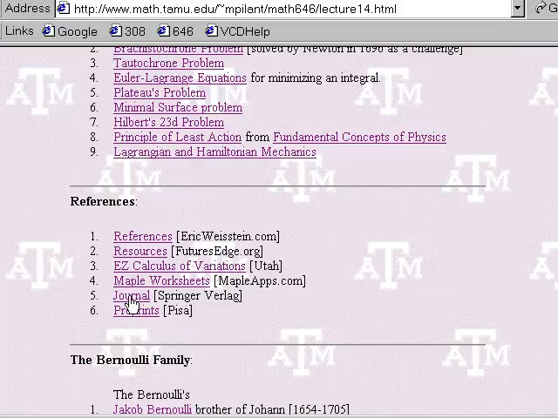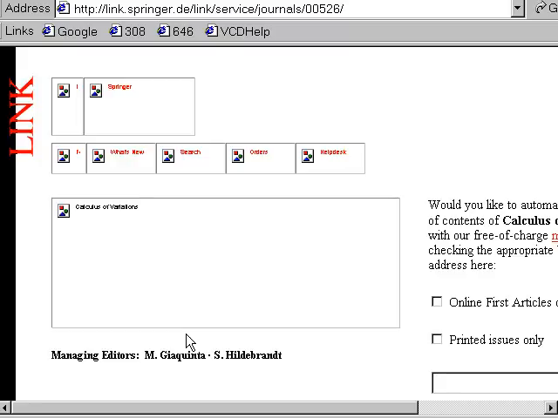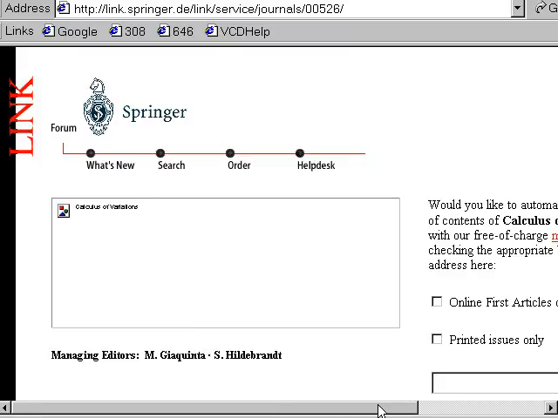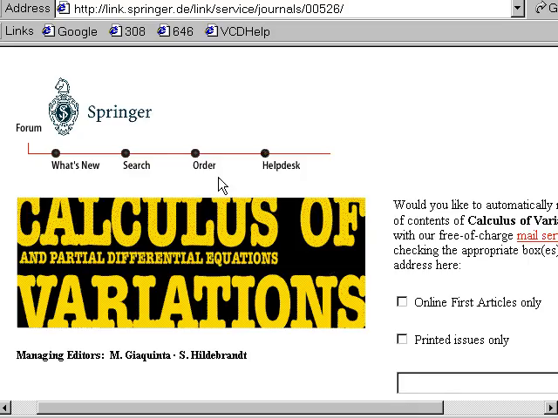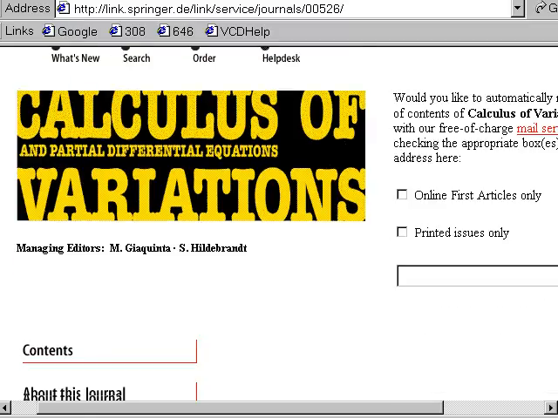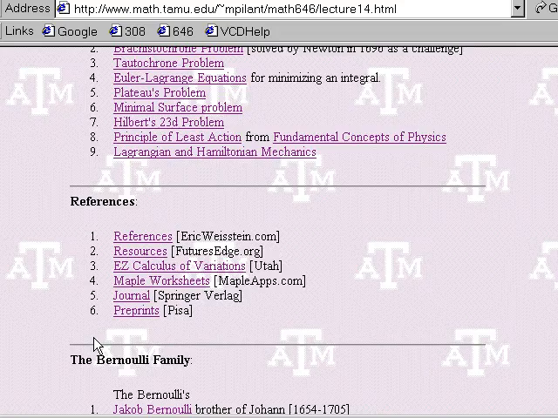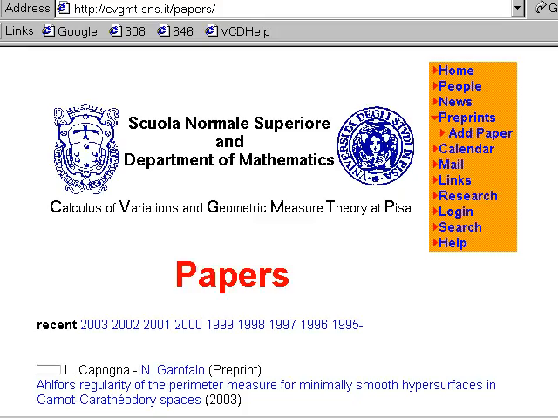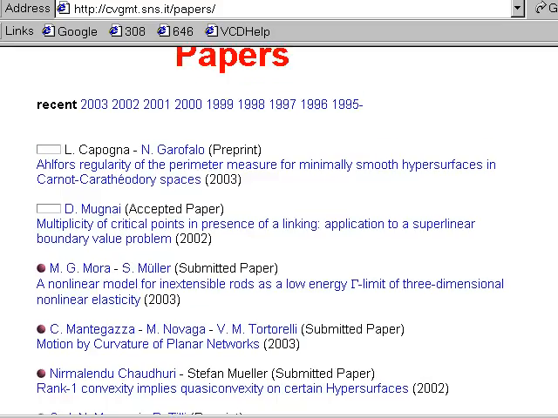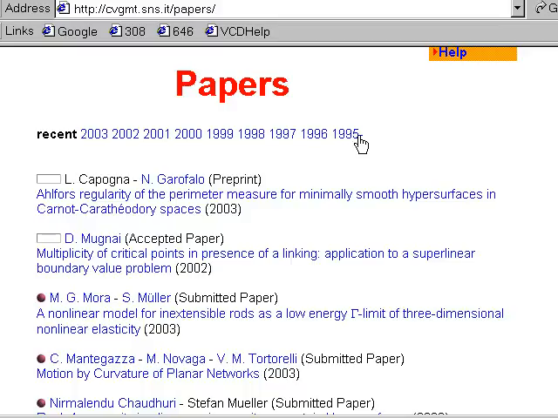There's a journal of calculus of variations that's put out by Springer Verlag, which you can look through old articles and preprints on. There's also a university in Pisa, Italy, which has tons and tons of PDF files, preprints dating back to 1995 of calculus of variations and minimal surfaces.